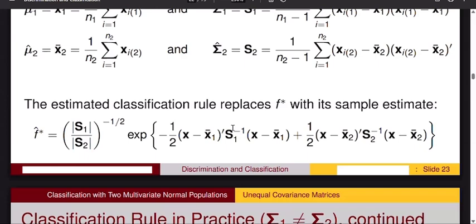Because what if I ask you in the exam to state the estimated classification rule for the situation where the two groups do not have the same covariance structure.